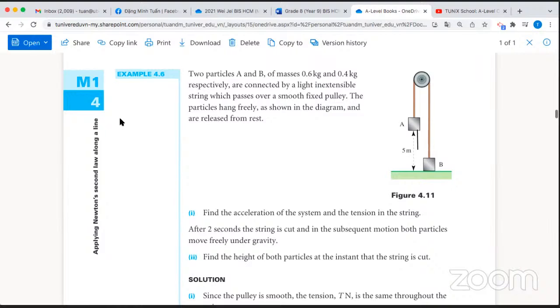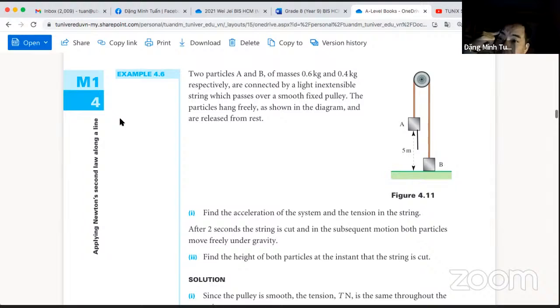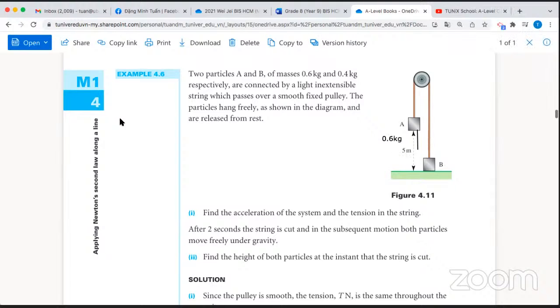This 0.6 kg is going downwards. This one is 0.4 kg going downwards. The arrows should be from the center of the object.